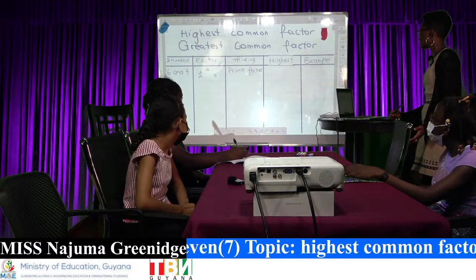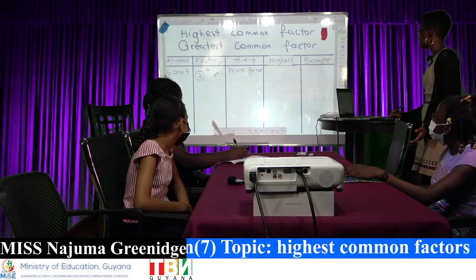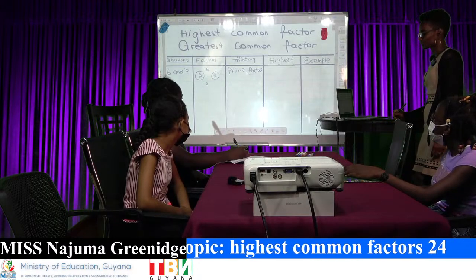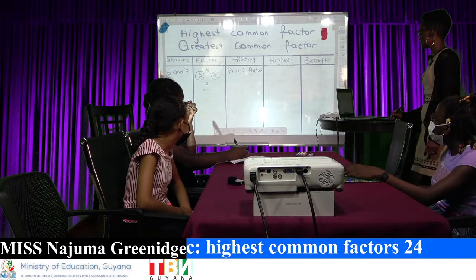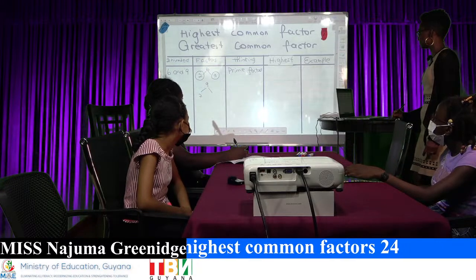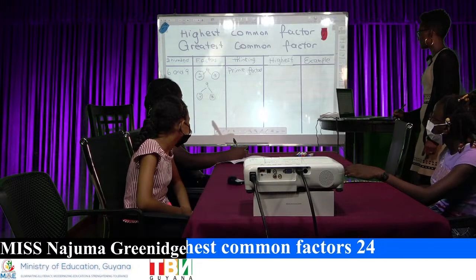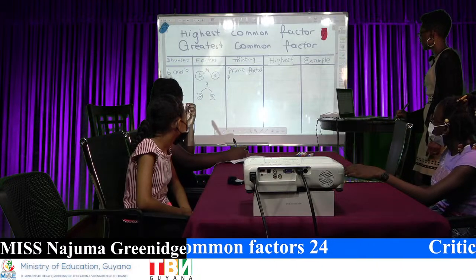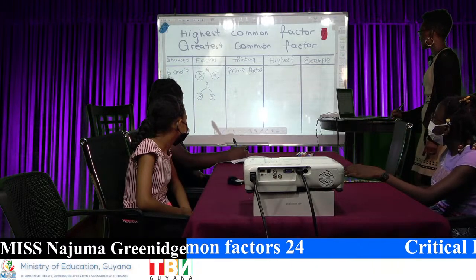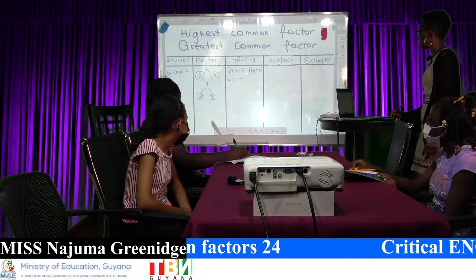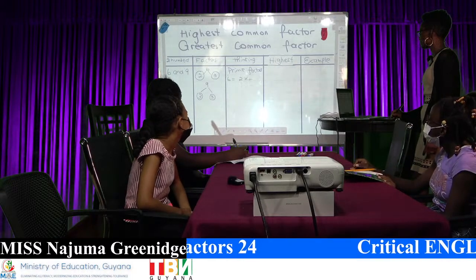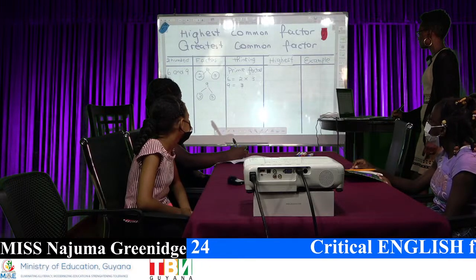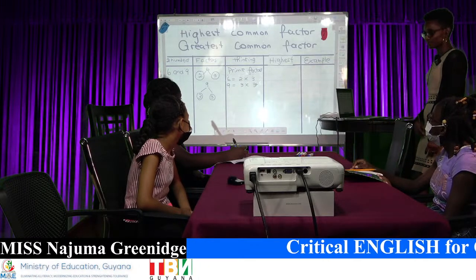All right, so we just have 2 and 3. For 9, what are we going to have? 3 and 3. So the prime factors of 6 would be 2 times 3. Prime factors of 9 would be 3 times 3.